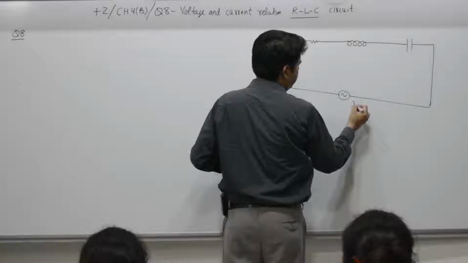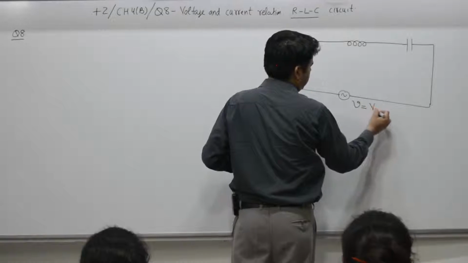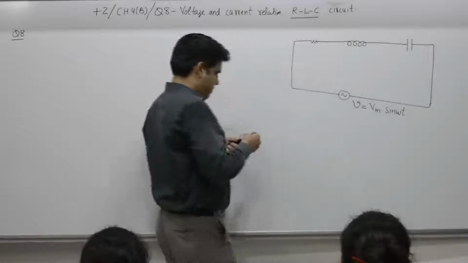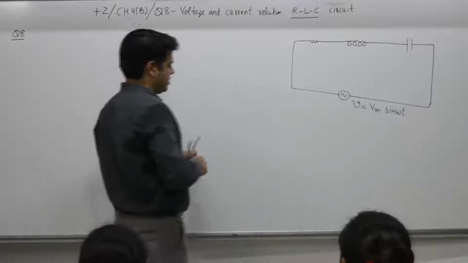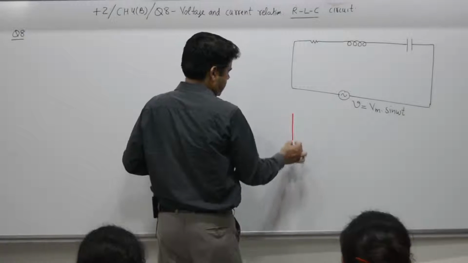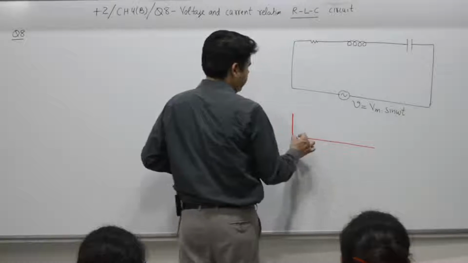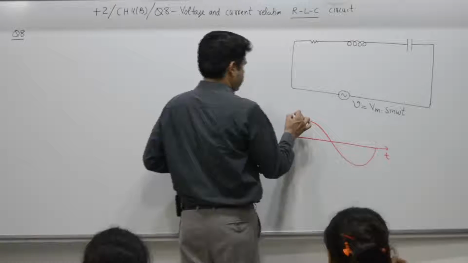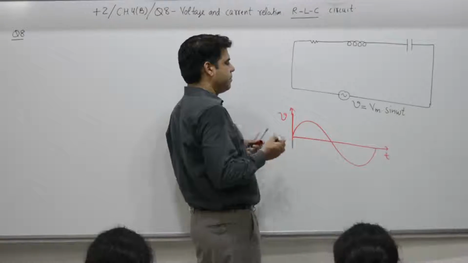Alternating voltage V is equal to Vm sine omega t. The input waveform is a sine wave. This is how voltage varies with the time.